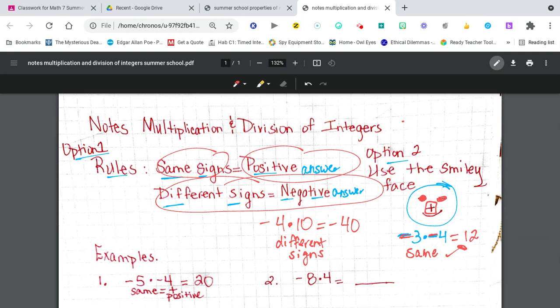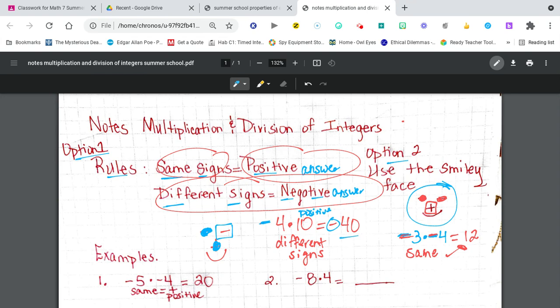Or you could just use the smiley face. I have a negative, so cross out the eye. That's a negative. And 10 is positive, so I'm going to cross out the nose, a positive. What's left over? The eye, which is a negative. So that helps me to see I also get -40.